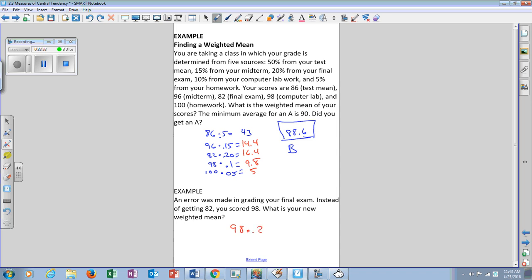98 times 0.2 gives you 19.6 instead of 16.4.